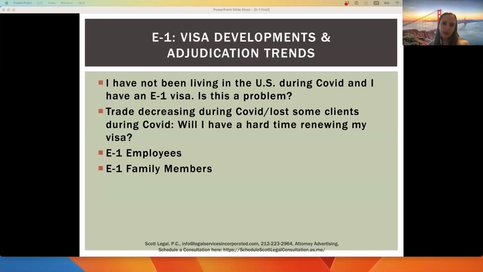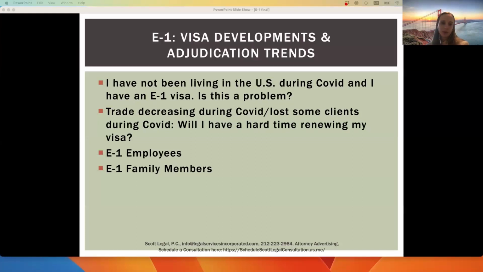So I would say that the consulates are usually pretty understanding. They understand what happened, that most businesses in the world were affected by COVID. So if we are doing renewals, we would explain in the application the reason why the trade decreased for a certain period of time.